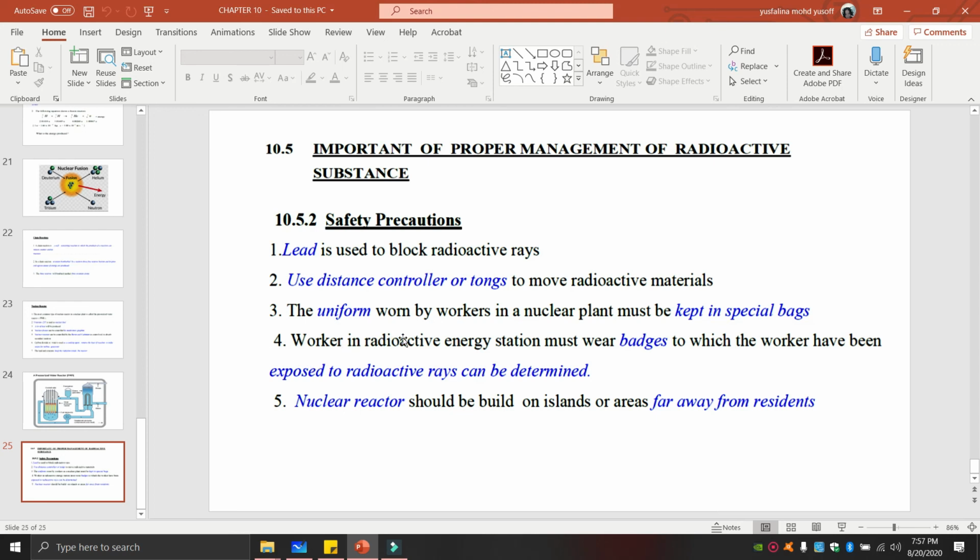Number four, workers in the radioactive energy station must wear a safety badge. If the badge changes color, it means the worker has already been exposed to radioactive substances. Number five, the nuclear reactor should be built on an island or in areas far away from residents. So this is the safety precaution.